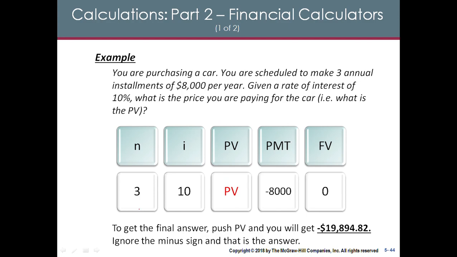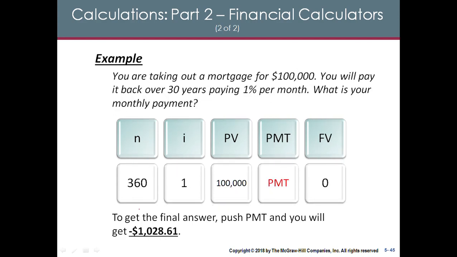This slide just shows that you could solve any type of problem by using your formula. This one we have already solved. It's just illustrating how you can solve the same using a calculator rather than the formula. Also this question talks about the payment over a 30-year period: you're taking a mortgage of $100,000 and you will pay it back over 30 years, so you want to know the monthly payment.